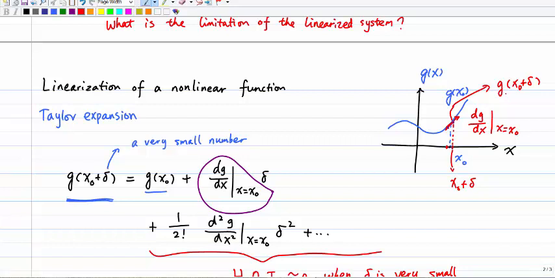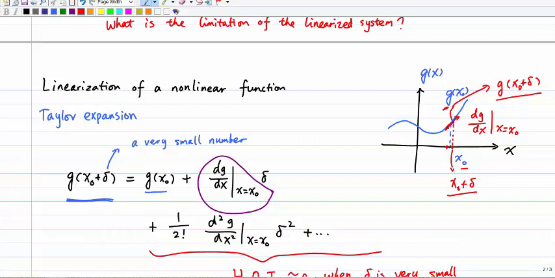The relationship between g(x0 plus delta) and g(x0), based on the difference between x0 and x0 plus delta, can be written in this way: g(x0 plus delta) is g(x0), plus dg over dx evaluated at x equal to x0 times delta, plus 1 over 2 factorial d2g over dx squared evaluated at x equal to x0 times delta squared, and so on and so forth.